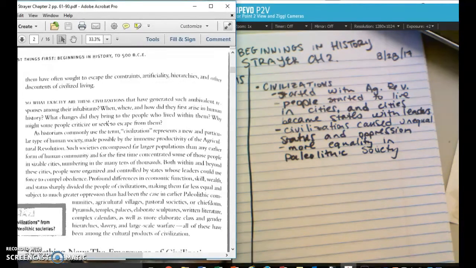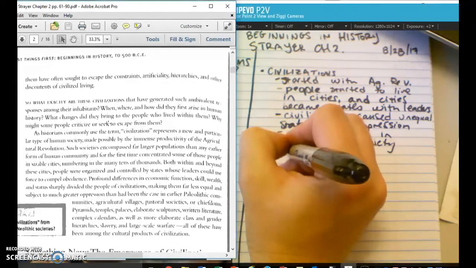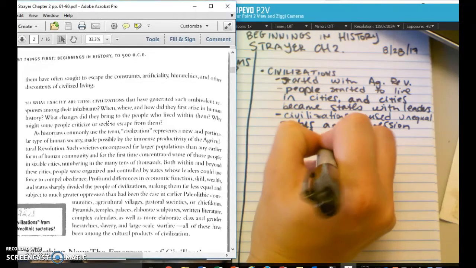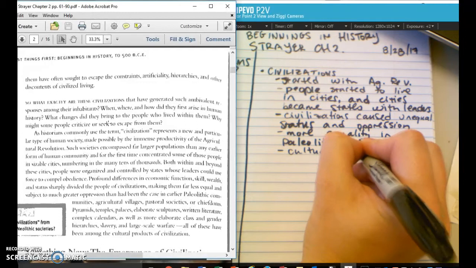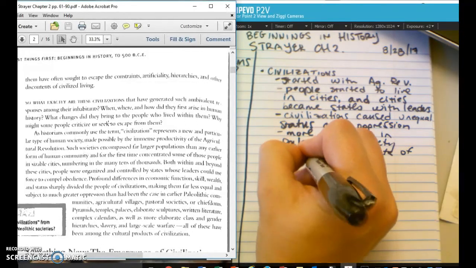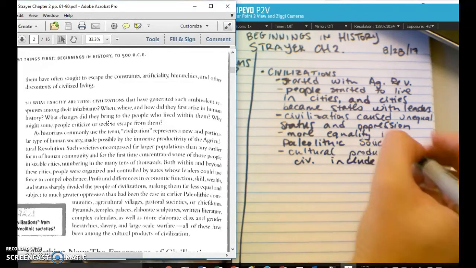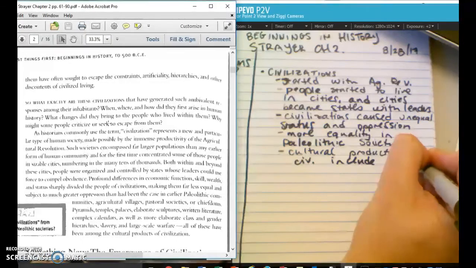Pyramids, temples, elaborate sculptures, palaces, written literature, complex calendars, as well as elaborate gender and class hierarchies, large-scale warfare, all of these have been among the cultural products of civilization. So I may say cultural products of civilization include palaces.